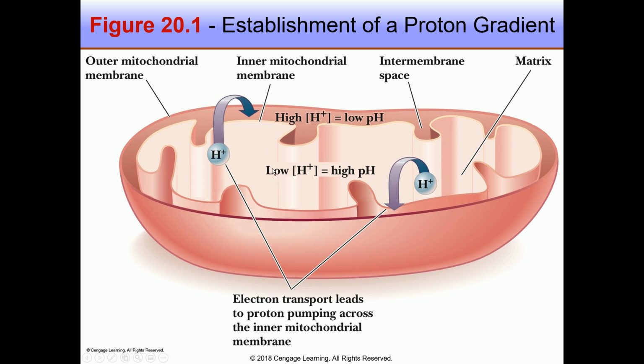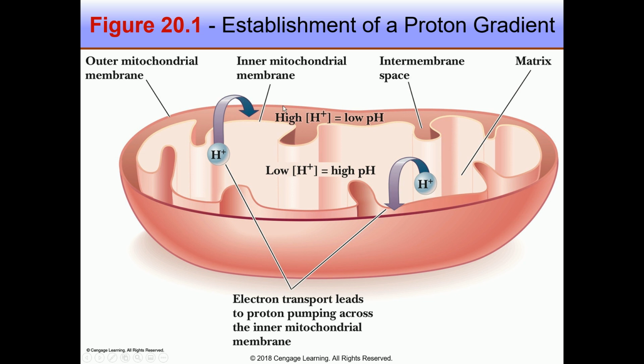So on this side, this is intermembrane space, this is matrix. There is an accumulation of protons in this region. So more protons here, less protons here. That results in the formation of a proton gradient.